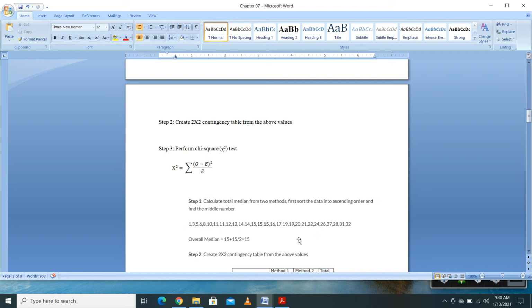As step 1, we put the data together and arrange them in ascending order like this. If you count here, you have 29 data points. Now we can calculate the median.